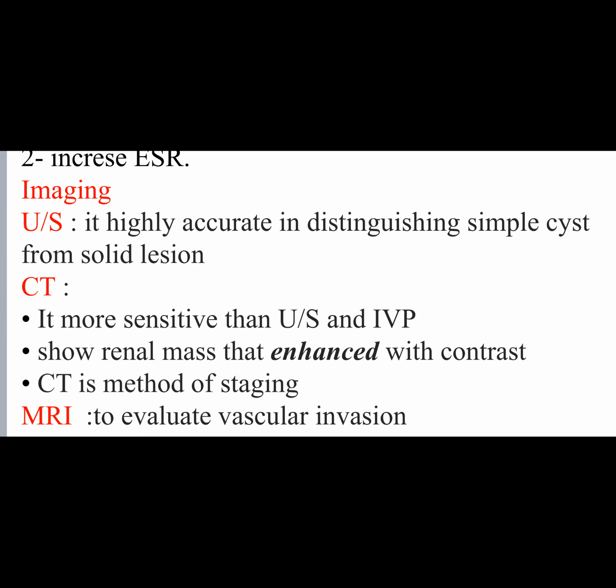Sometimes RCC comes in the form of a cyst, but there is a special criteria for this cyst that can be differentiated by CT scan. Also, CT scan is more sensitive than ultrasound and the IVU or IVP. It shows a renal mass that enhances with contrast.